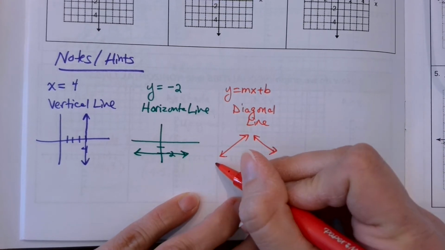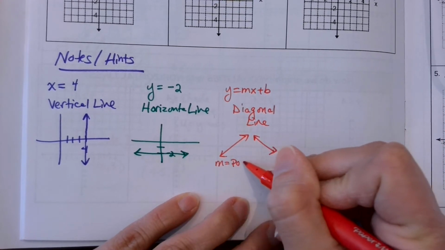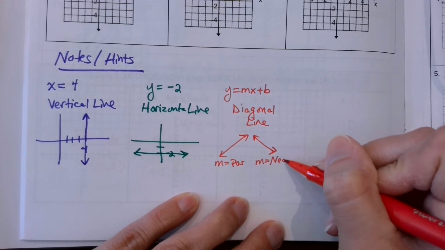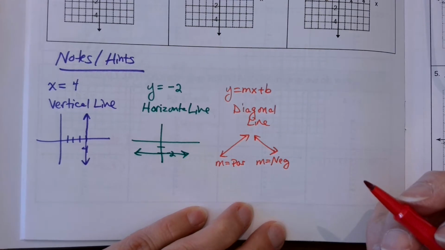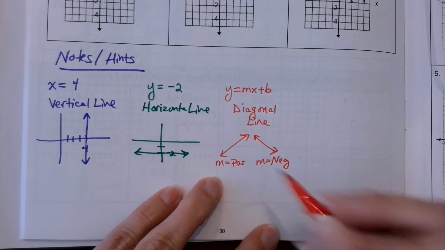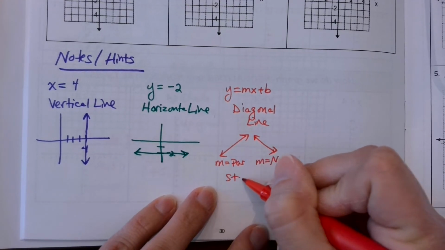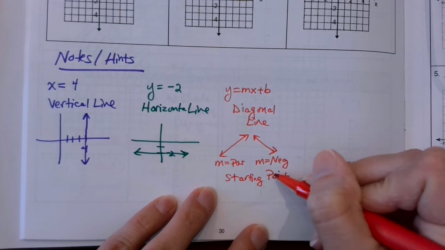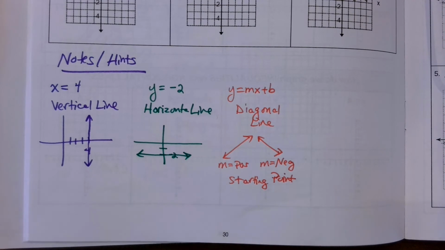It goes uphill if the slope is positive, and then it goes downhill if the slope is negative. So you have to use your good graphing skills for this. You have to do the slope, and then of course you have to have a starting point, and that's how you graph diagonal lines.